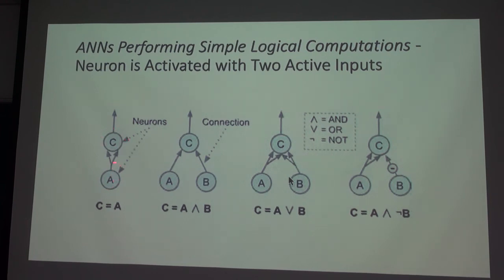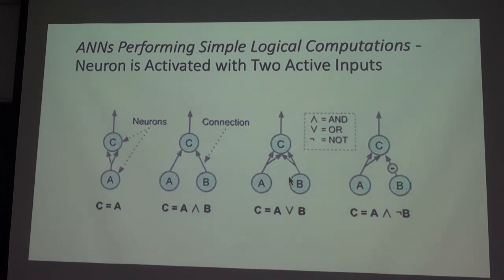If A is not active, C is not active. So C equals A. Any question? Easy, right? Here we assume C is active if 2 or more inputs are active.